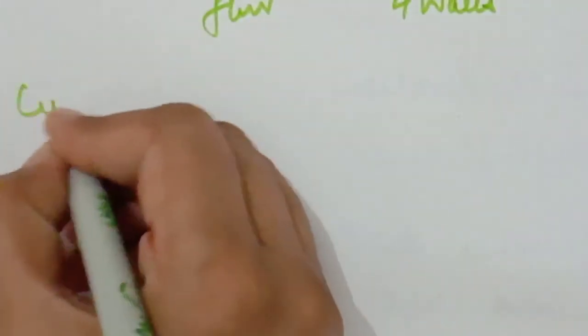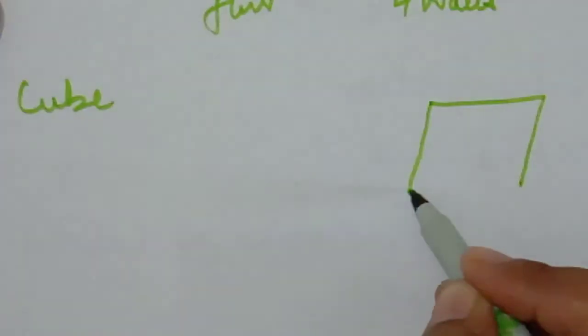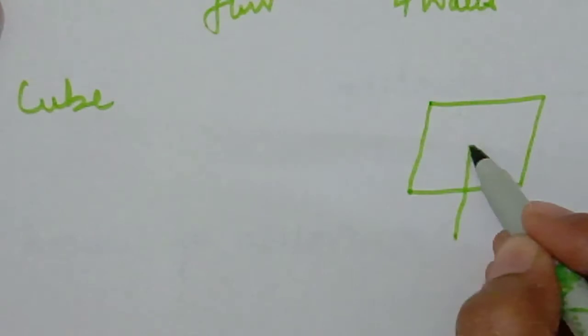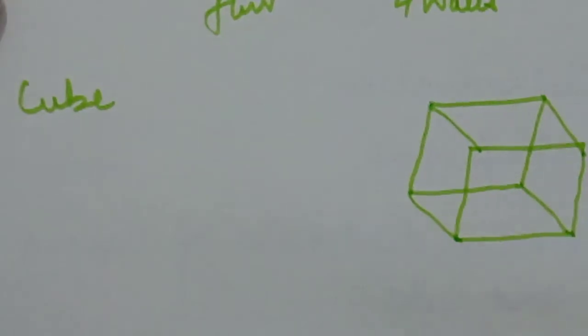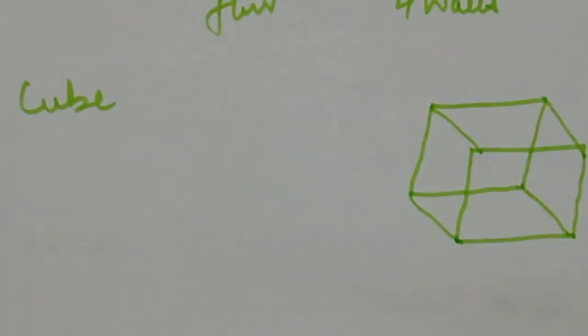So students, the next definition is what is a cube. In a cuboid, we have 3 different dimensions: length, breadth and height. When length, breadth and height are all equal to each other, then the cuboid changes into a cube.